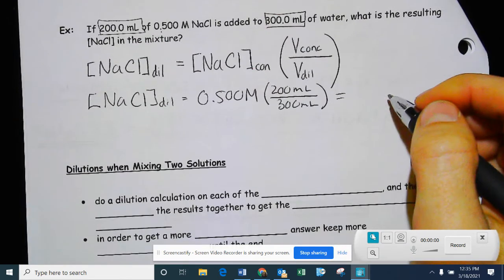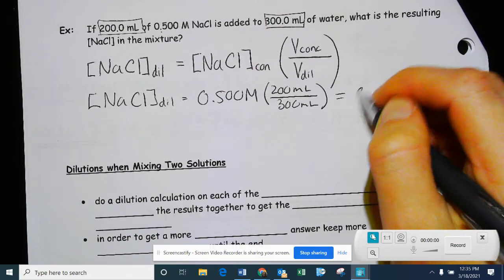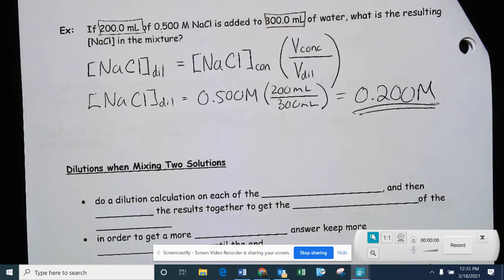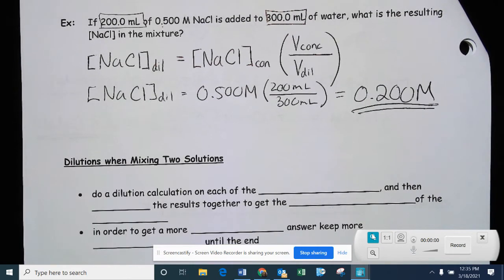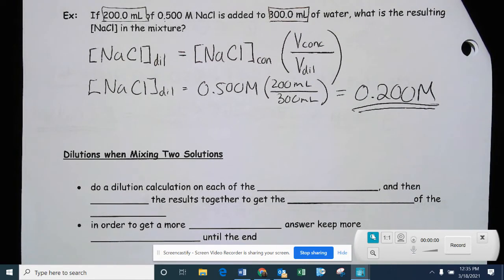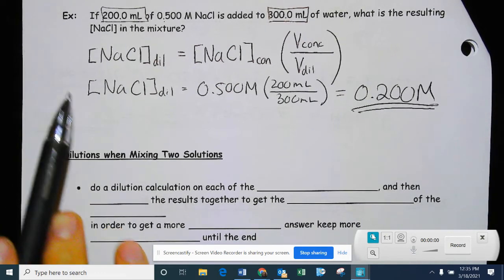And what we should end up with is 0.200 molar. So we're just applying that formula. Okay, any questions about this?